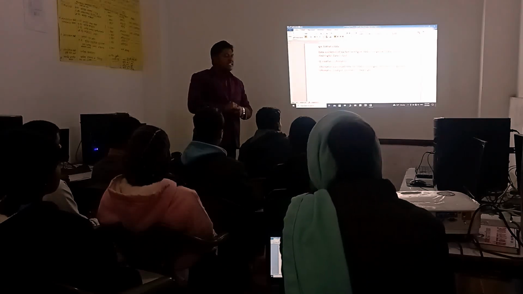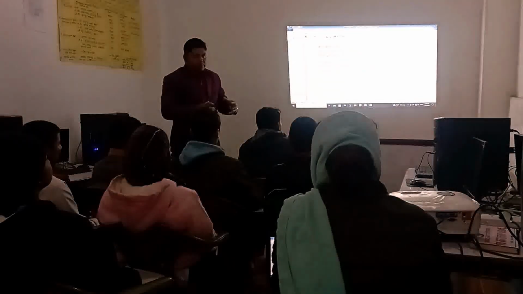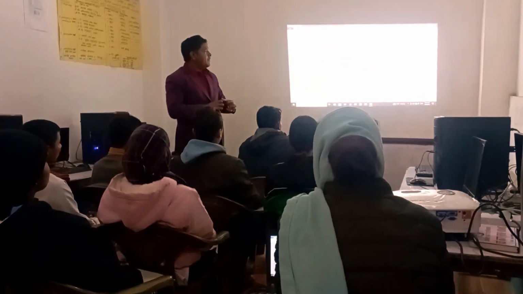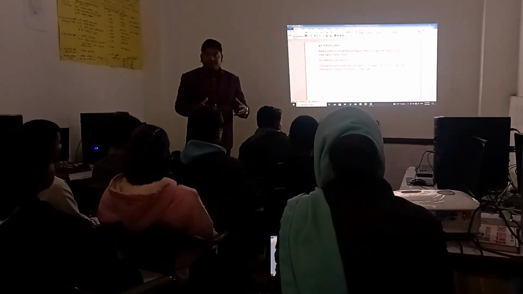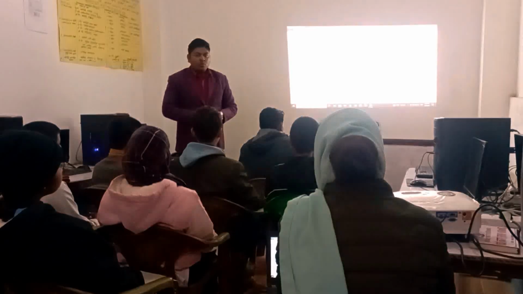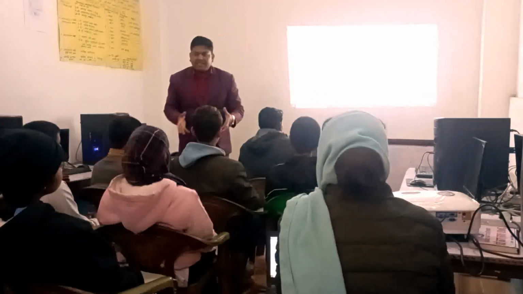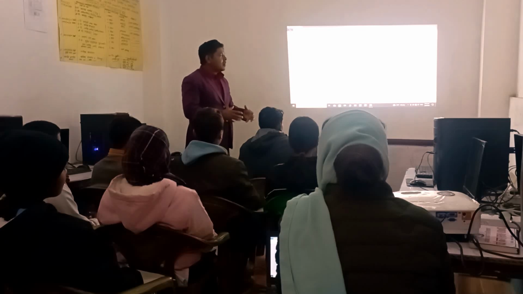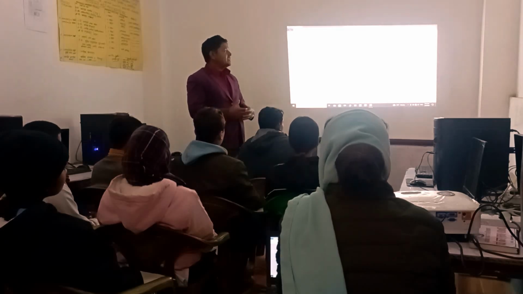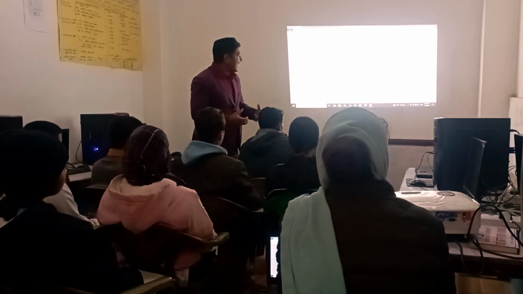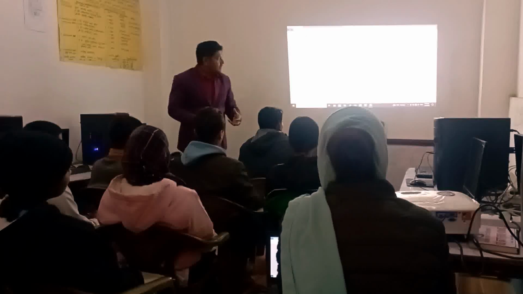And question number 6: what is information? Information is the processed form of data. It is meaningful data, we can also say. Information is organized and oriented, and information is output.